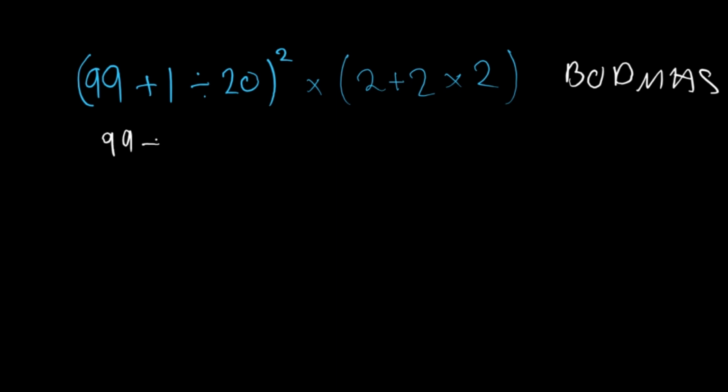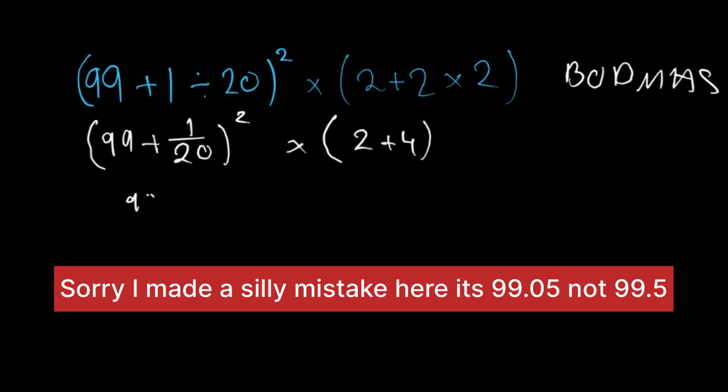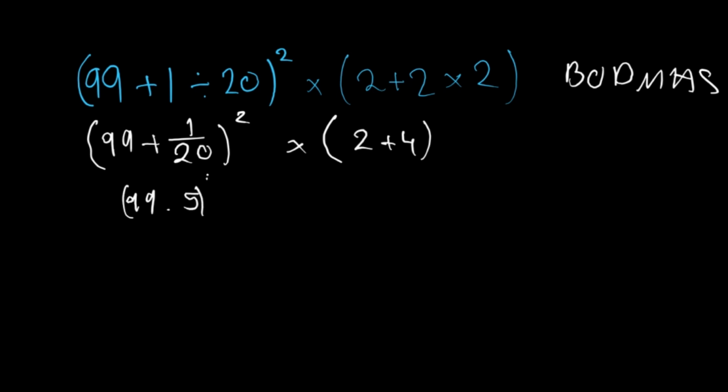99 plus 1 over 20, all squared, times 2 plus 4. 99 plus 1 over 20 is 99.05, sorry, 99.5. There we go. All squared times 6.